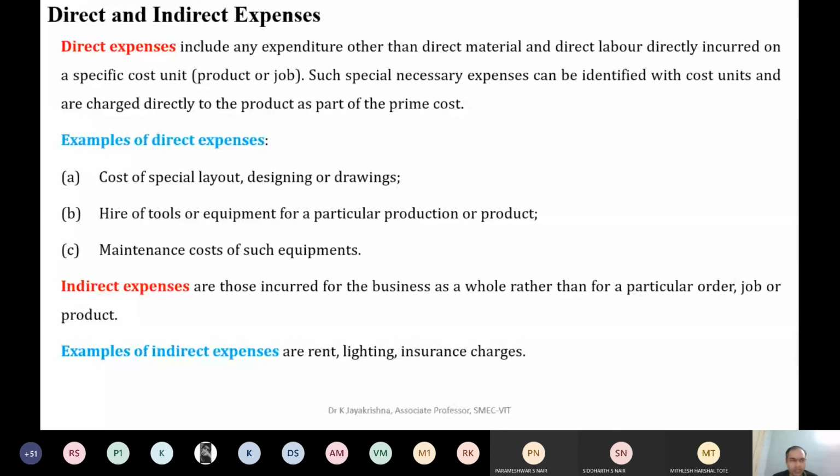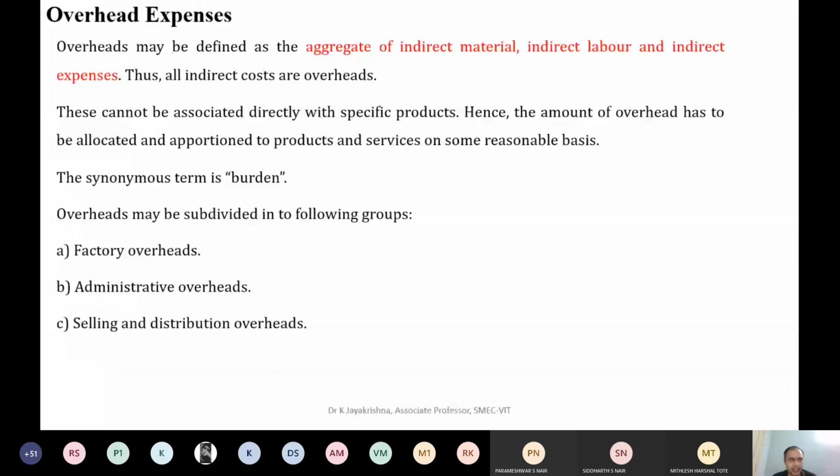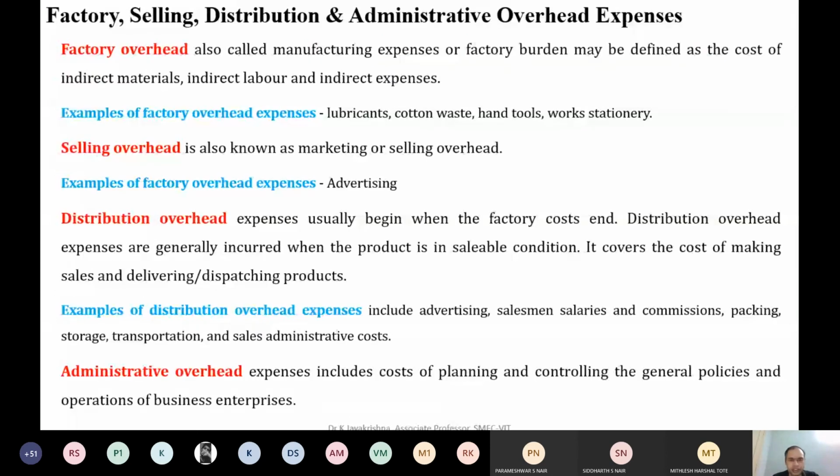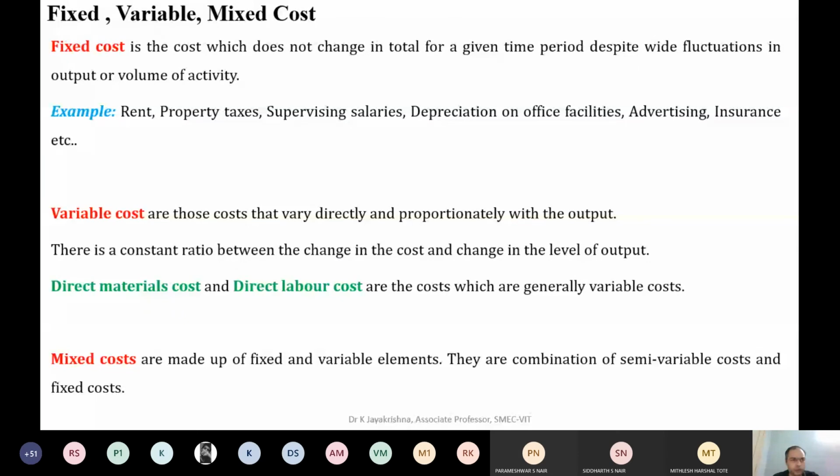Okay, so I think I will stop here because I need a continuous class time to discuss this overhead expenses again, because that is very essential. After completing overhead expenses in Thursday's class, we'll complete the problems also.